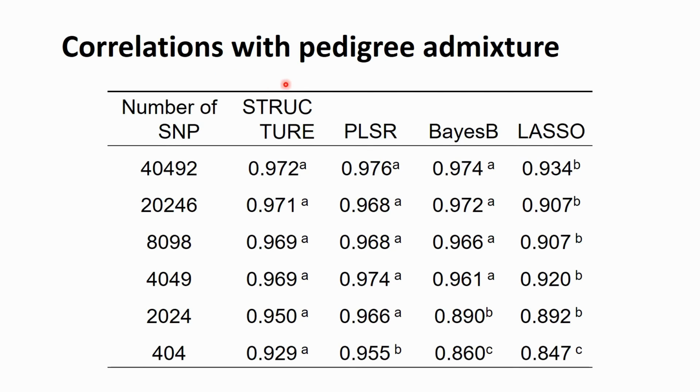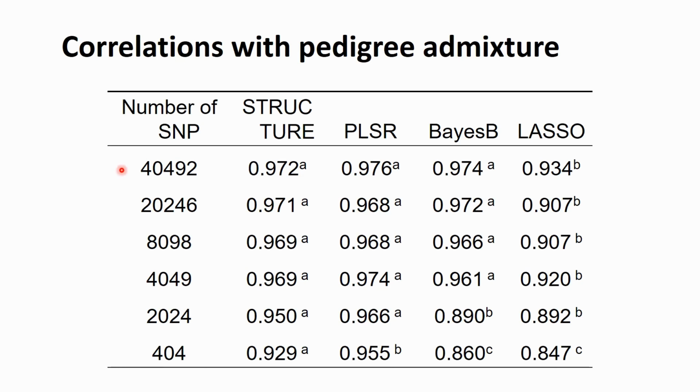And this genomic admixture was calculated by various means and approaches. So these are listed here. But you see that within the lines, these are pretty similar. Interestingly, if you decrease the number of SNPs, so this was after the quality control, about 40,000 remained.